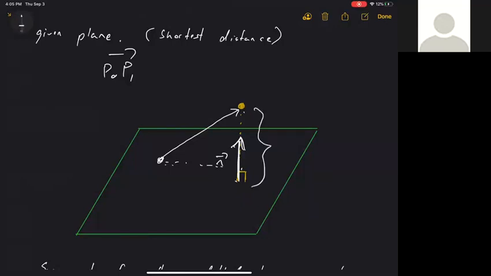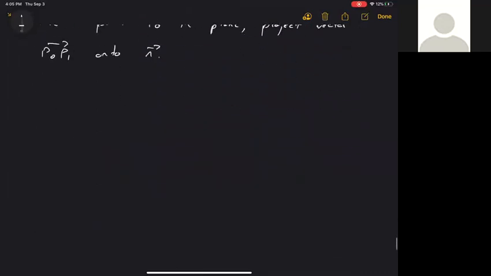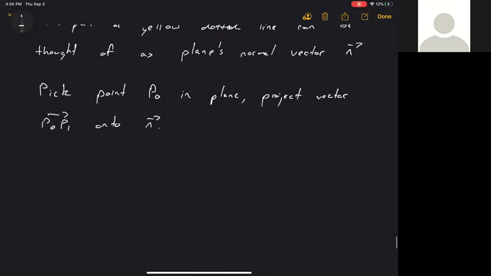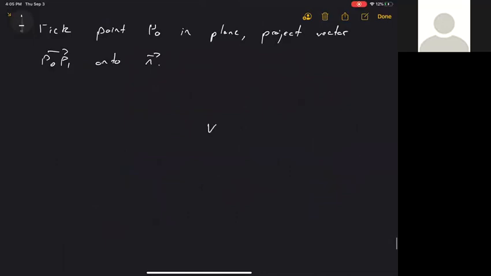How does that help us? We're looking for a distance, right? A number. Let's call this vector V, that goes from the plane to P1. I know that vector is going to be the projection of P0 P1 onto n. And what is that projection?